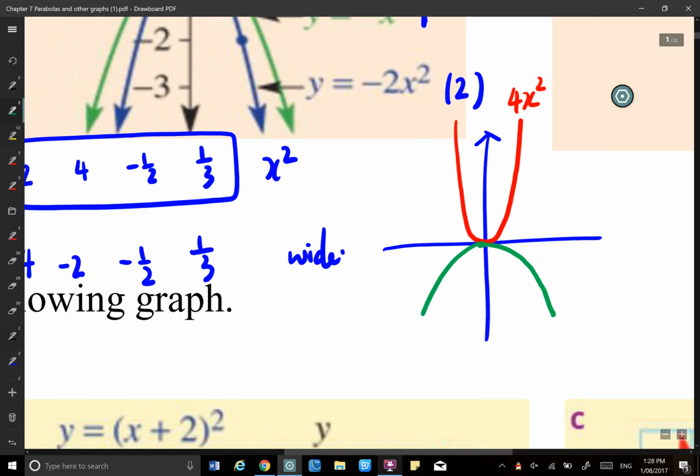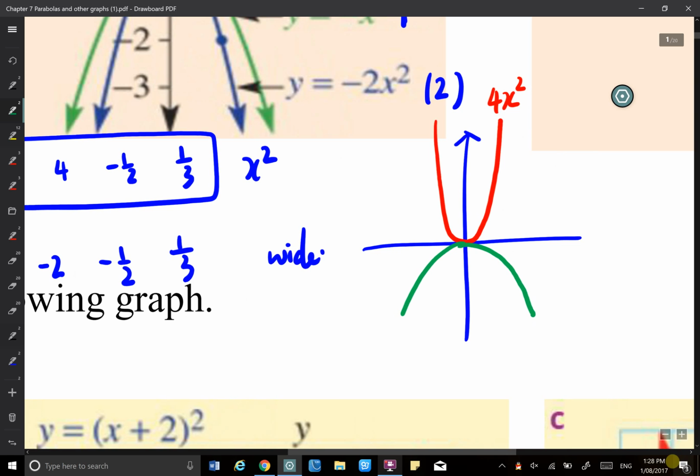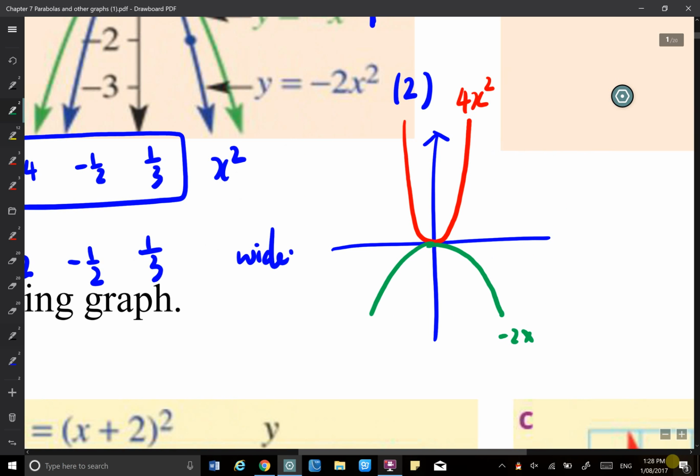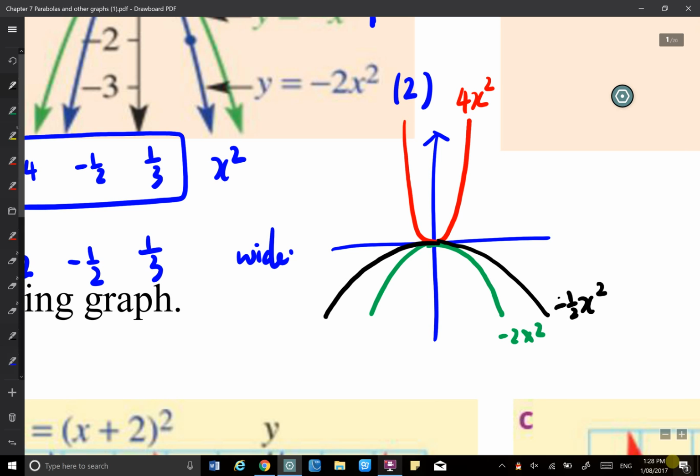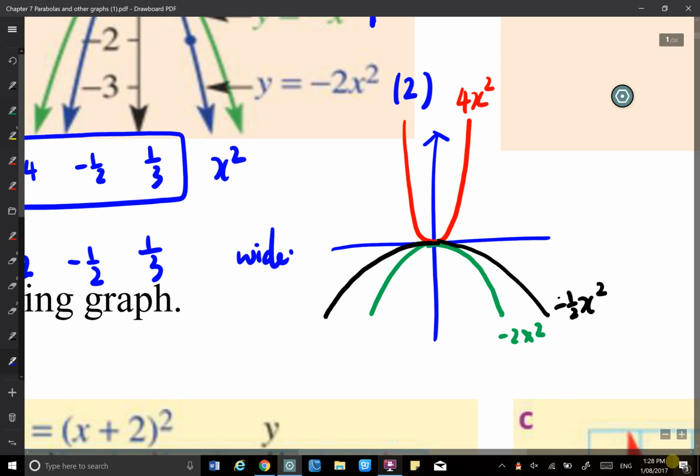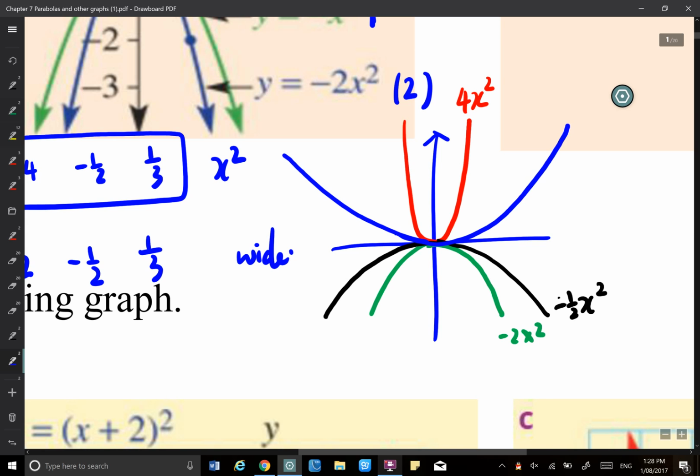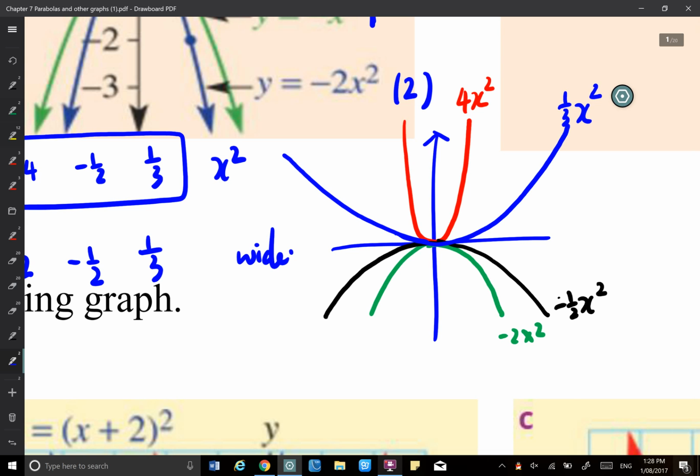That's -2x squared. And then the next one is -1/2 x squared. And the last one will be a third, will be very wide. Okay, very wide. Something like that. That's a third x squared. Okay, roughly like that.